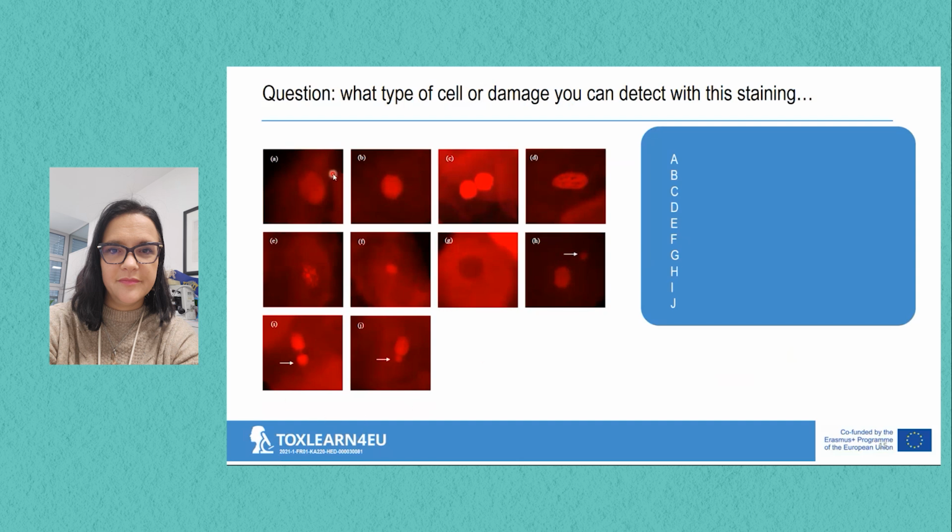So if you have checked that manuscript already, or even without checking, maybe you can answer what are the types of cells and DNA damage that you can check with this type of preparing your slides. So I will give you like 5 seconds, and then I will show you the results.